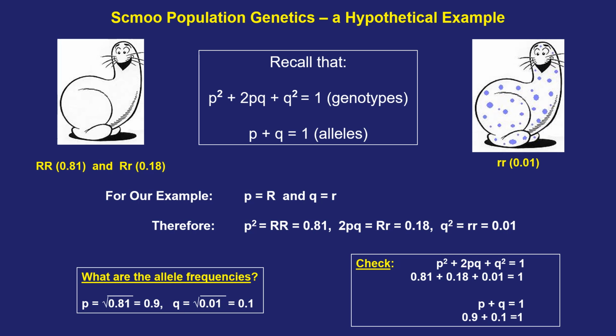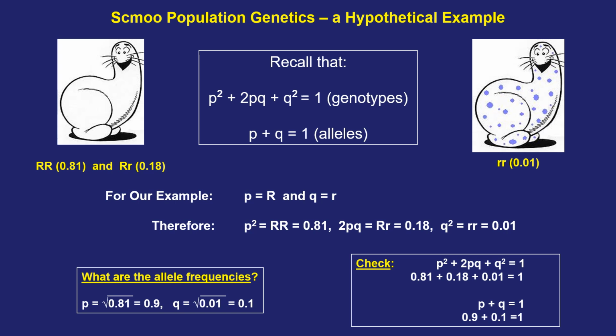So let's say that I gave you that value. It's 0.01 for the homozygous recessive genotype. From that, you know that that is q squared. So how do you figure out q? You just take the square root of that. And then you have 0.1 for your recessive allele frequency.